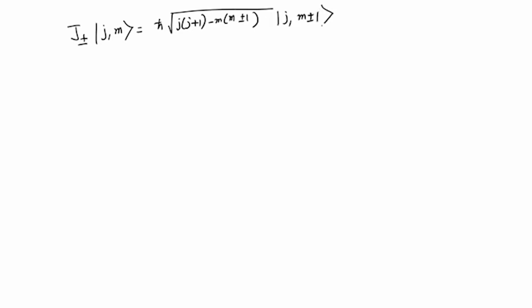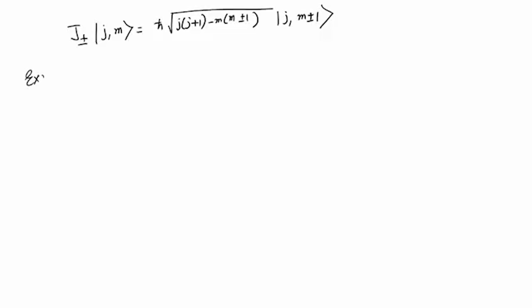This is for individual particles. If you apply a raising operator, it will have a plus sign inside the bracket in the M term, and it will also raise the magnetic quantum number of the state by 1. If you apply J minus, it will lower the value of M in the square root by 1, and return a state where the M value is decreased by 1.